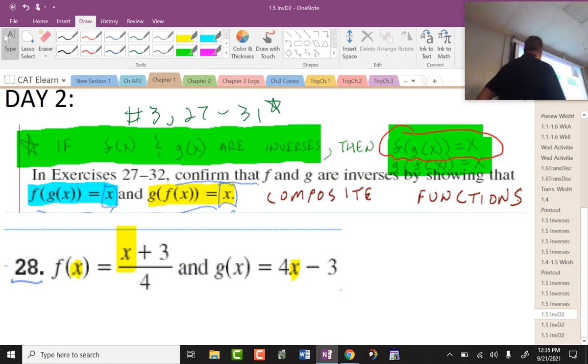But here's what's true. This ties the two sections together, 1-4 and 1-5. And this first one you should not really feel that bad about, but we'll see. All right. If two functions are inverses, then this will hold true. If I do the composition of functions f of g of x, I should get x, not a number, not 1, not 5, 1x.